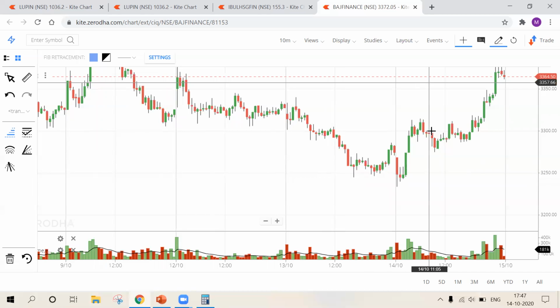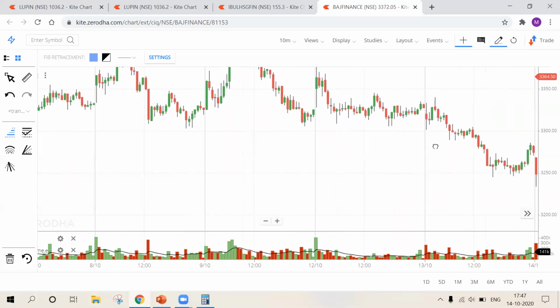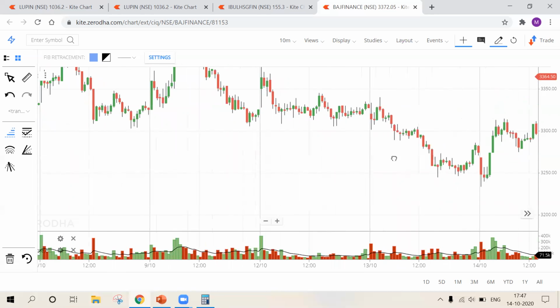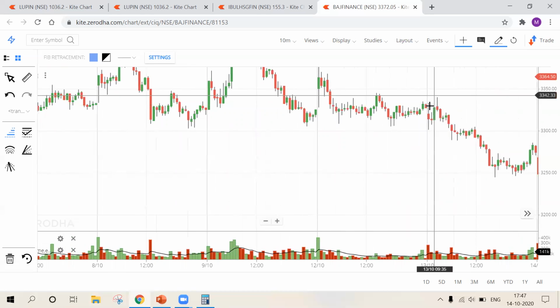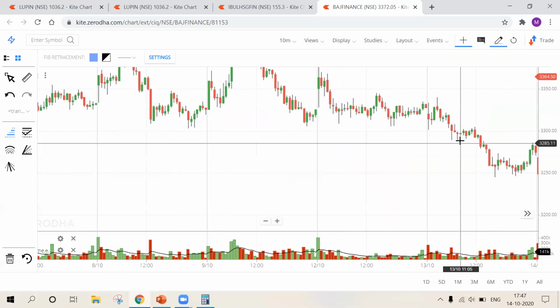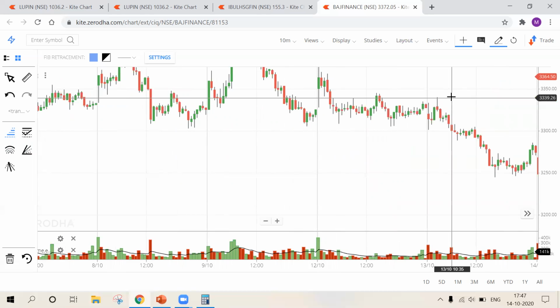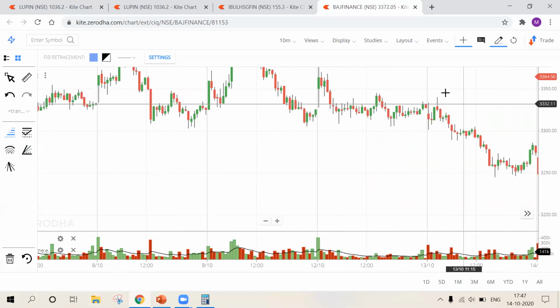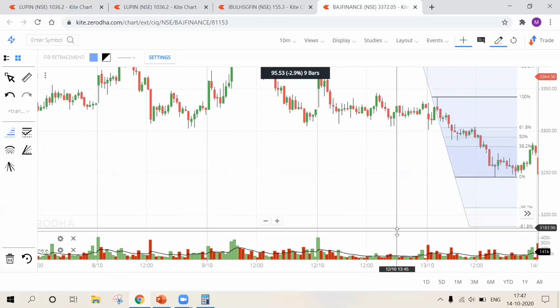Now this is today's market. Let's ignore today's market, so I'm trying to hide it. Let's draw levels for yesterday's market and see how it goes in today's market. I have selected Fibonacci, and I'm selecting the previous day's high. This is the previous day's high, and this is the previous day's low.